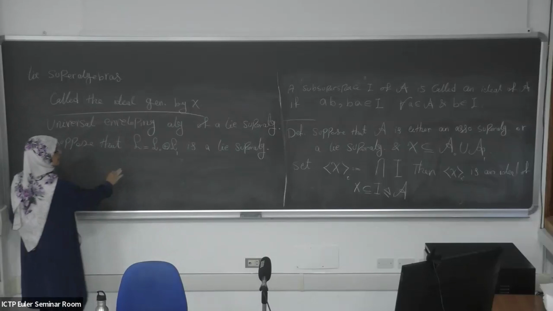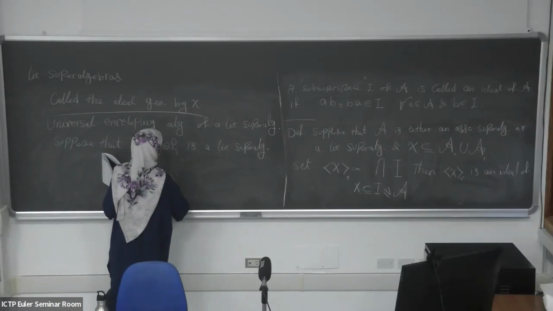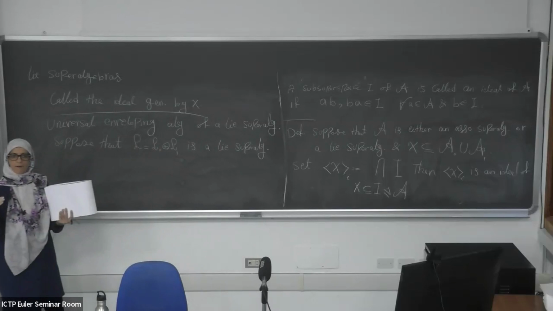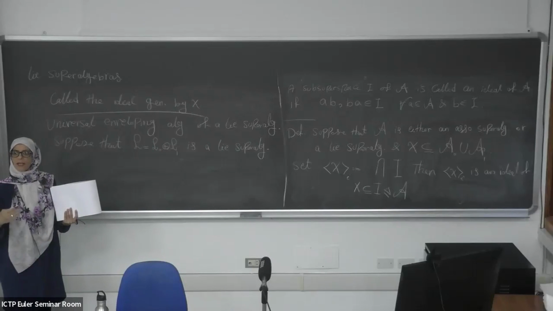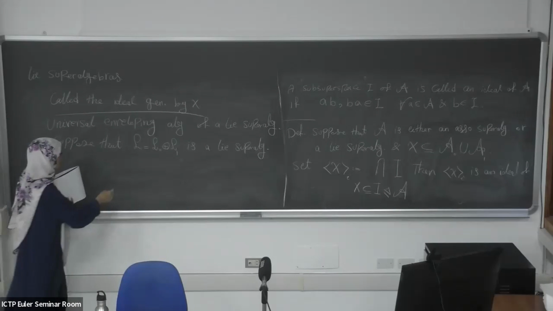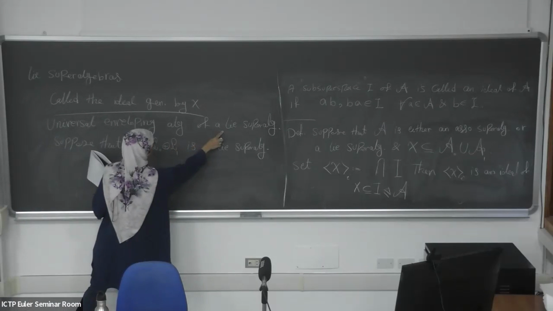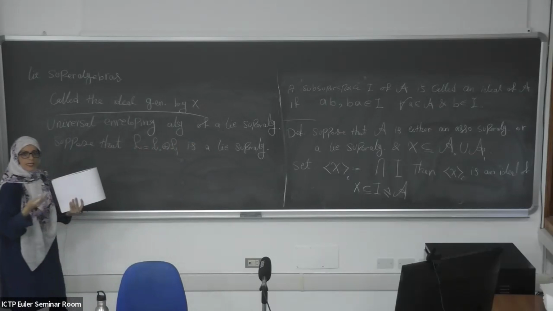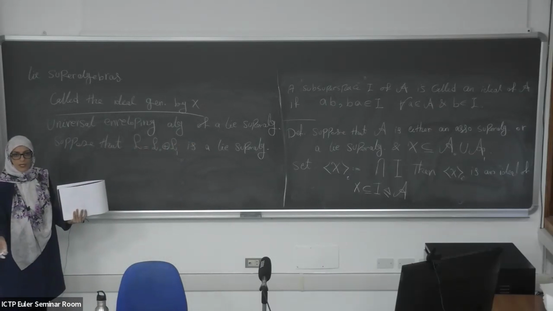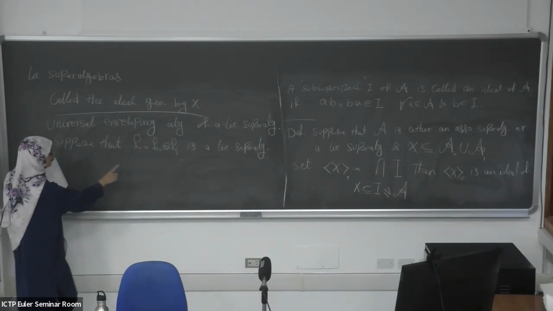Suppose that L is a Lie superalgebra, and I told you when we have a superspace, we have TV. If V is a superspace, we can talk about TV, okay? And now we have a Lie superalgebra. A Lie superalgebra is a superspace at first, so we can talk about TL.